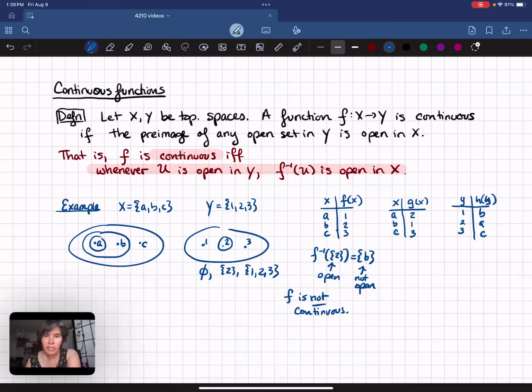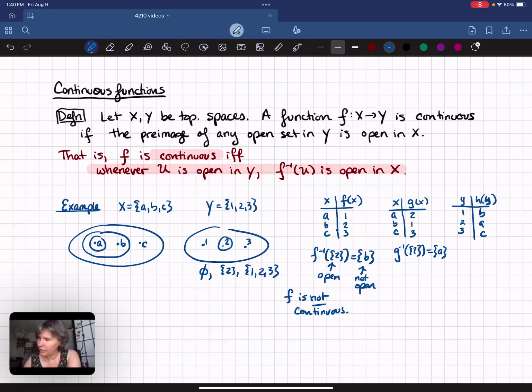What about g? Again, I just have 3 open sets in my codomain to think about. The empty set I don't have to think about, because the pre-image of the empty set is always the empty set, so that's going to be easy. For g, the pre-image of 2 is a. So g inverse of singleton 2 is singleton a.